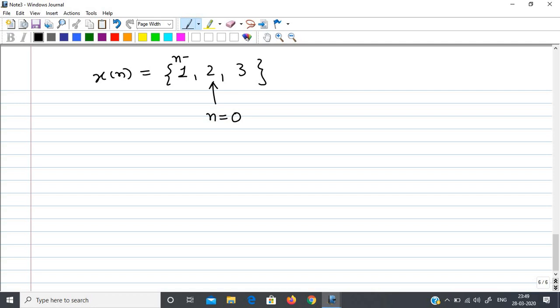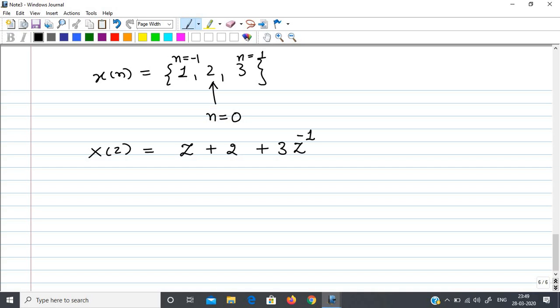This sample value corresponds to minus 1, and this sample value corresponds to 1. And if we find the Z transform of this sequence, this time I am writing it directly. It would be z plus 2 plus 3 z to the power minus 1.